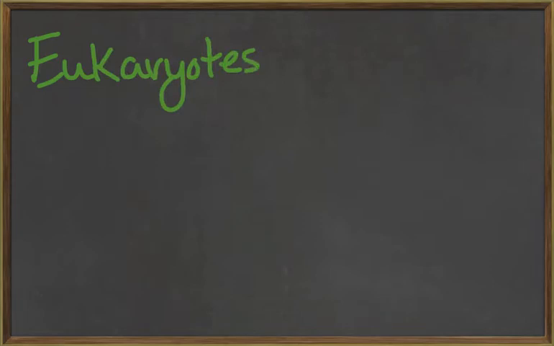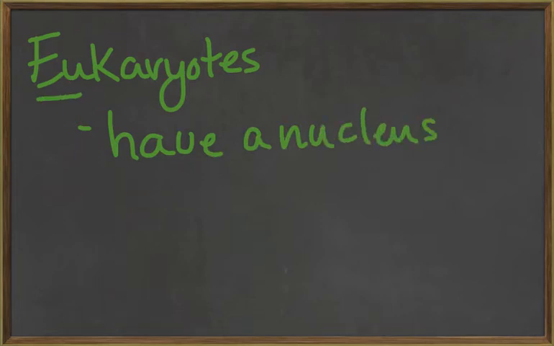Now, on the flip side of that, eukaryotes, and we will spend the majority of the next lecture talking about these, eukaryotic cells have a nucleus, and eu means true. Just in case that helps you remember what it is, a true nucleus is usually how I recommend you remember it.